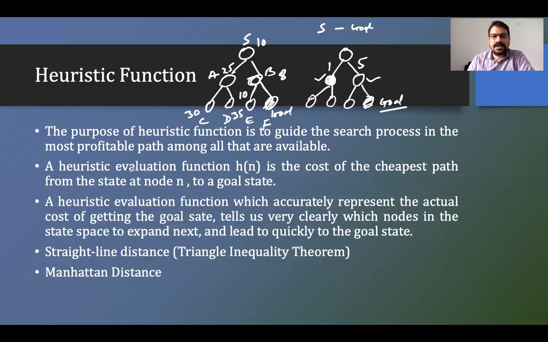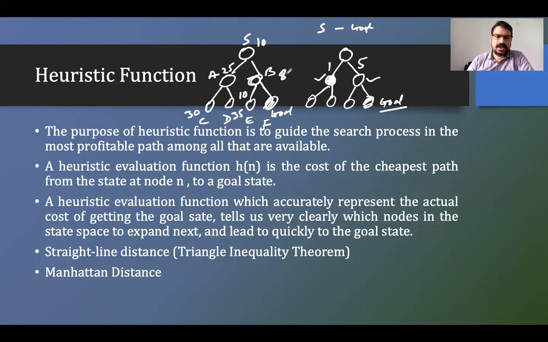So that evaluation function will give you the cost from whichever state you are in to reach the goal state. That is the estimated or approximate cost, or a cost that may be guessed by some methods.